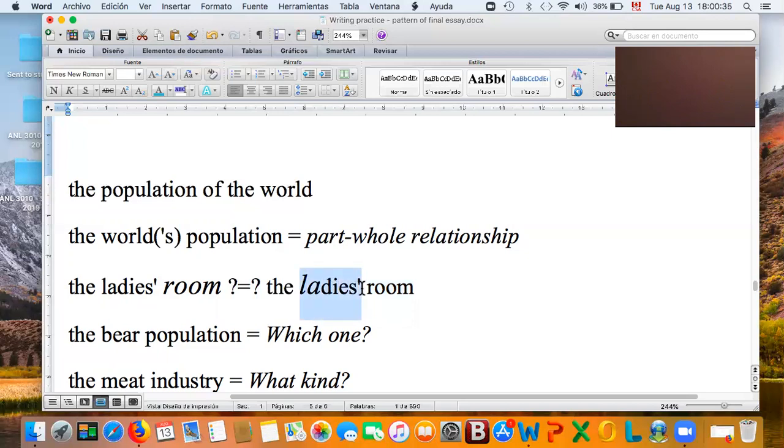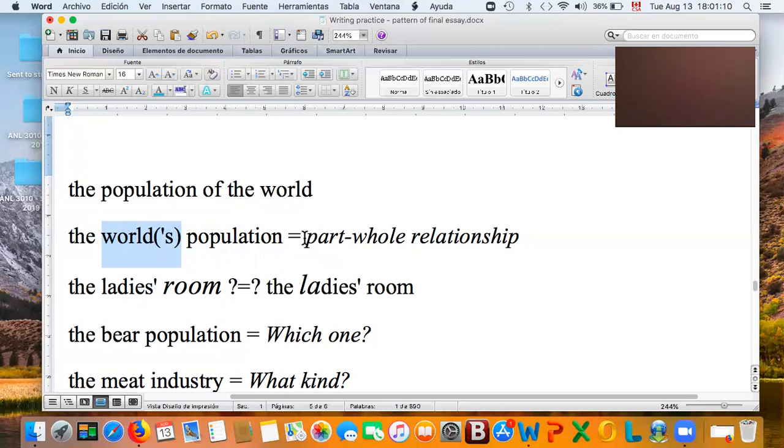That's how compounds work. Compounds answer the question, what kind, which one, or what kind. So when you say the world's population, you're not saying really what kind of population. You're talking about the population as one of the characteristics, or one of the things that belong to the world.